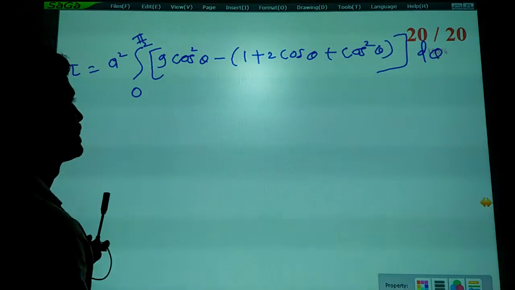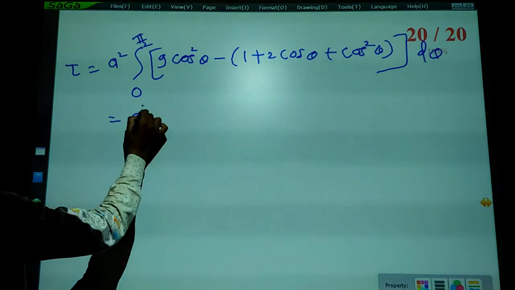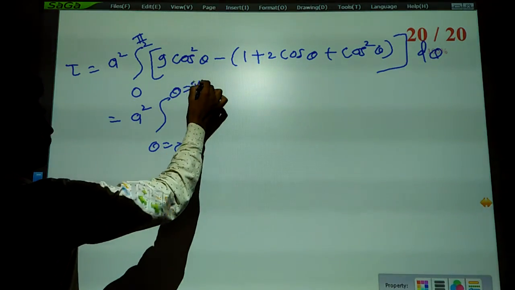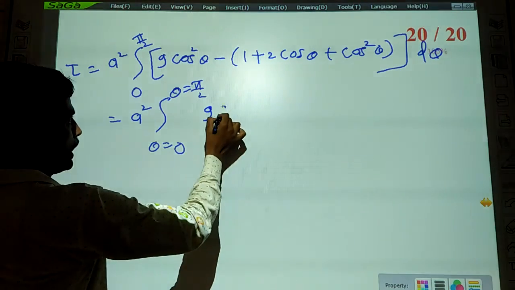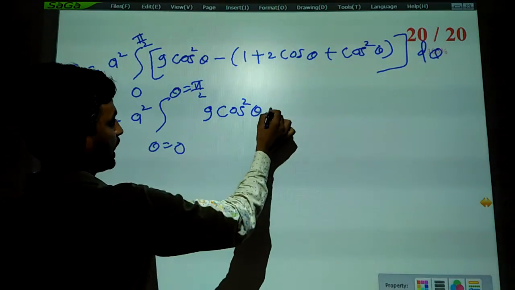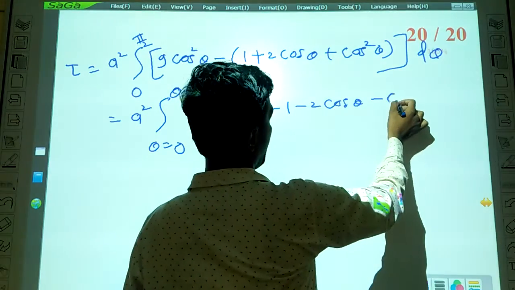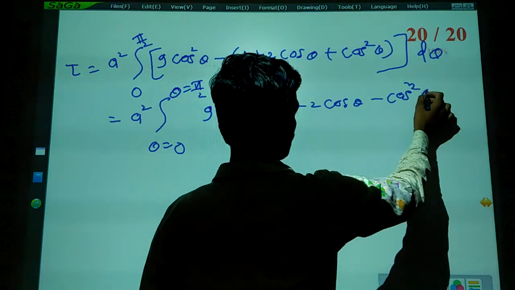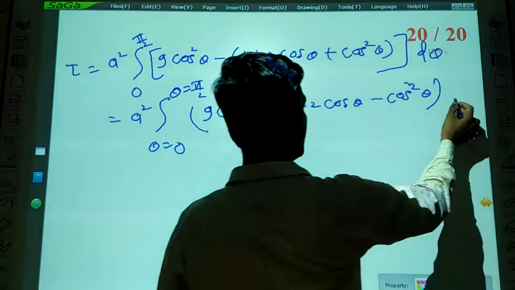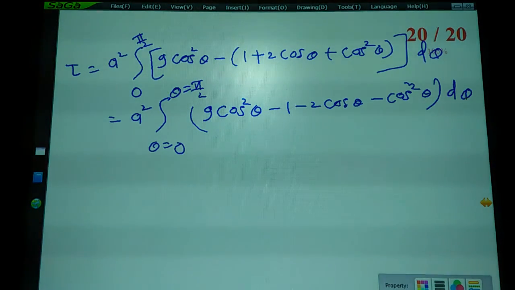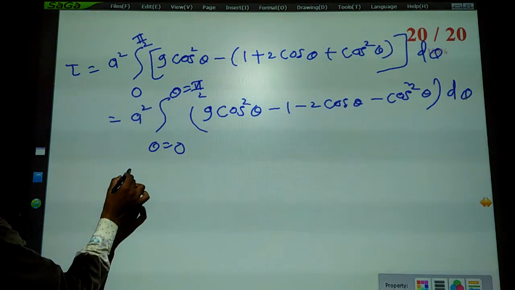So simplify this. A square, theta from 0 to pi by 2, 9 cos square theta minus 1 minus 2 cos theta minus cos square theta d theta. Okay, so 9 cos square theta minus cos square theta, that is 8 cos square theta.